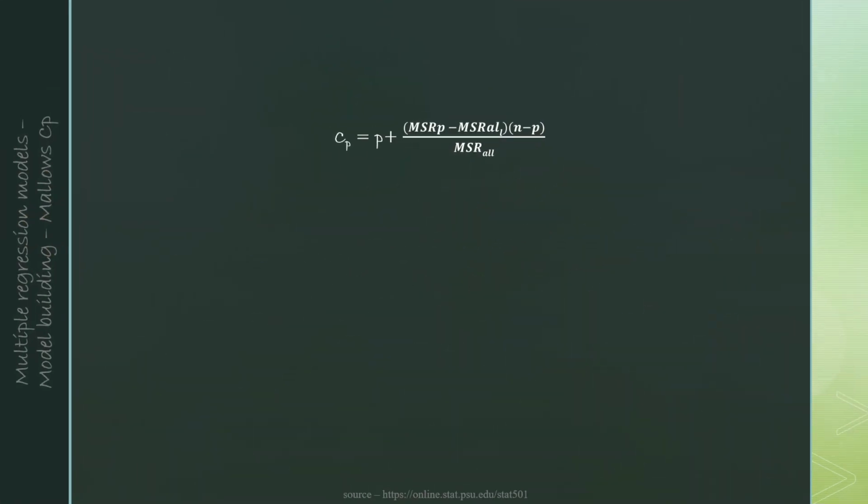Cp can be further simplified as p plus MSRp divided by MSR all multiplied by n minus p, minus MSR all divided by MSR all multiplied by n minus p.